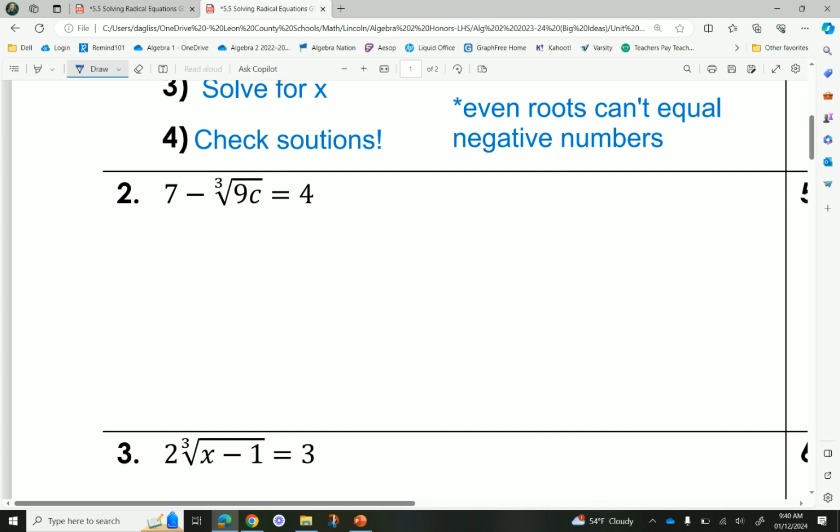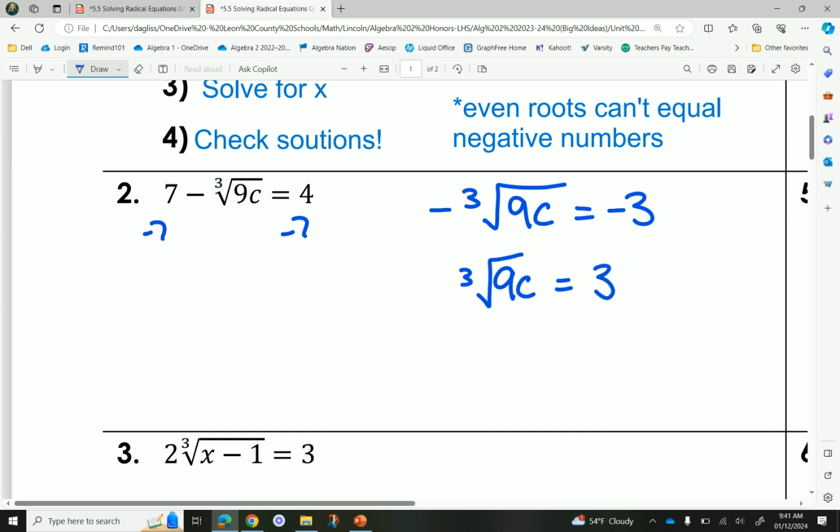So we're going to move the 7, subtracting it over. So I'm going to get negative cube root of 9c equals -3. I've got to get that negative out of my way, so divide both sides by -1. We get the cube root of 9c now equals +3.